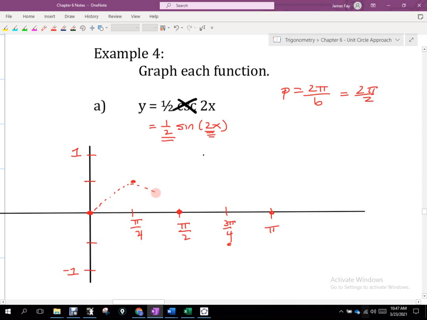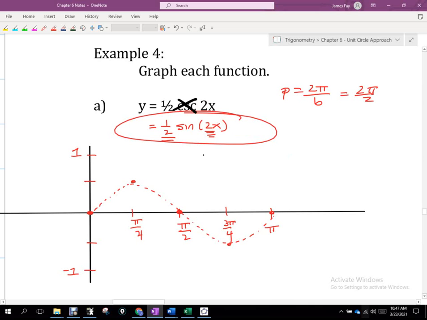And when I graph that, okay, so we squeeze the period down, but the symmetry of the sine function, no matter what the period is, still exists. So it's going to have x-intercepts at the beginning and the end. It's going to have an x-intercept halfway in between. It's going to have maximums and minimums at the quarter points. Okay? That right there is the graph of 1/2 sine of 2x.